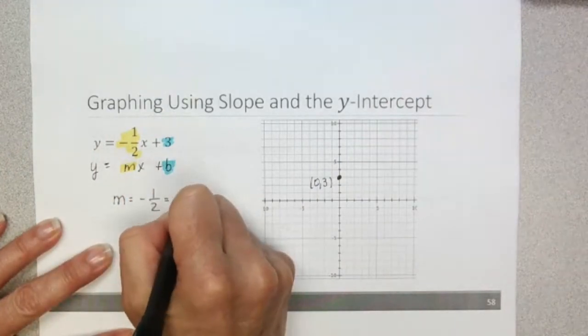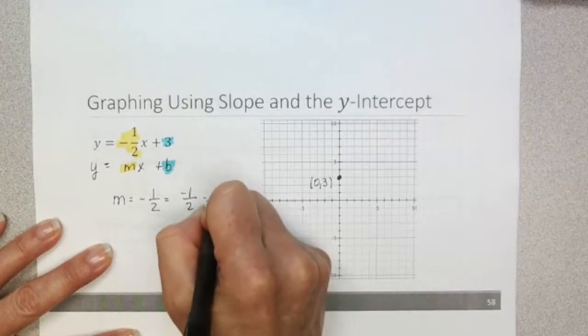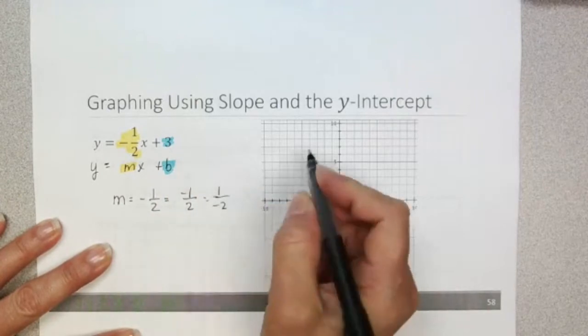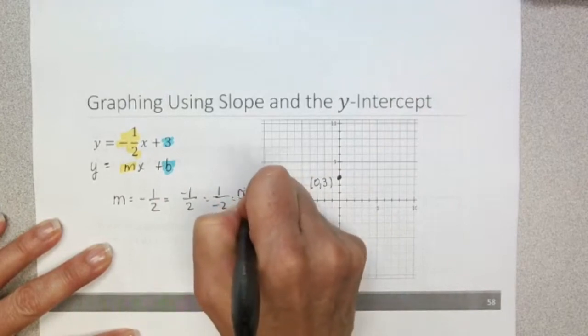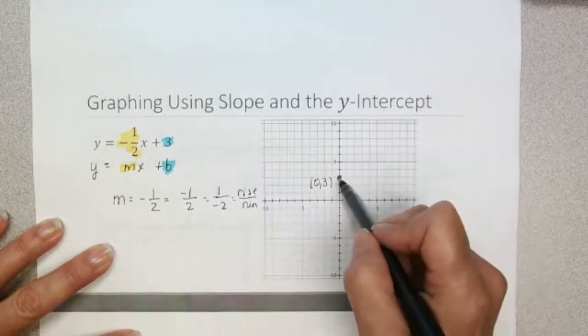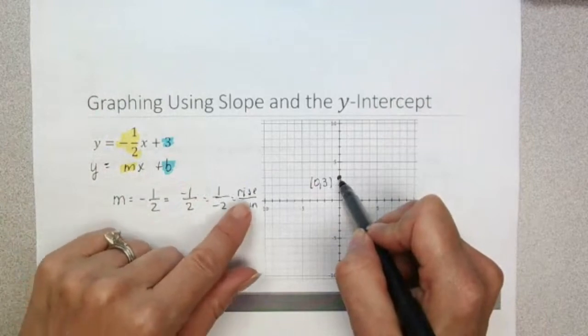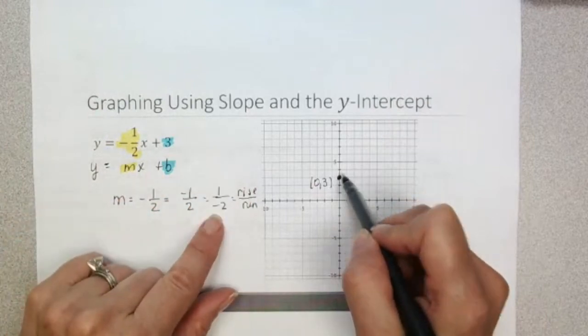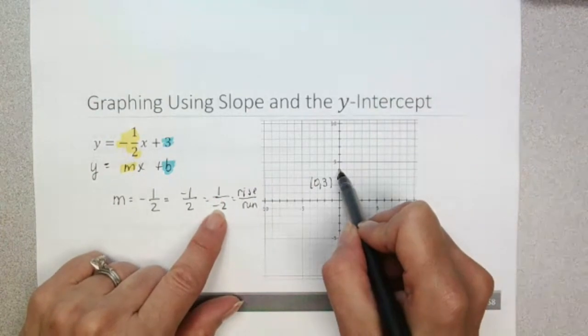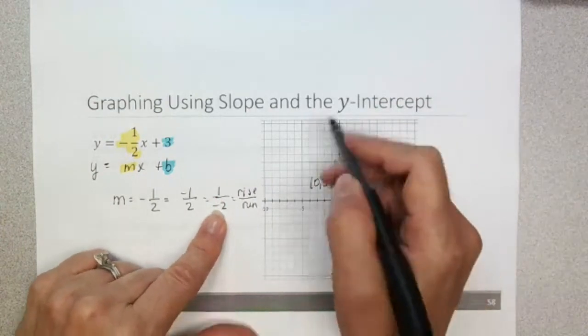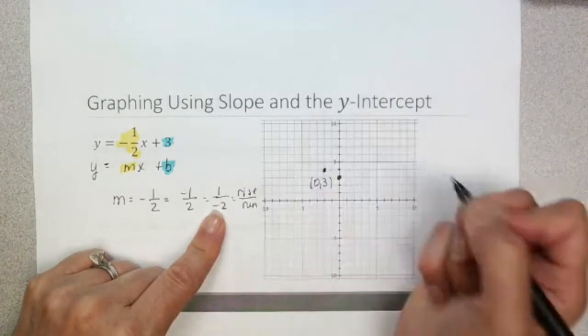Well, I could write that as -1 over 2, or I could write that as 1 over -2. That's the same thing, right? And if that's my rise over my run, if I start at this point, the next point, using maybe 1 over -2, the rise would be +1, so I go up 1. Run is -2, I go to the left 2. There's another point that's on that line.